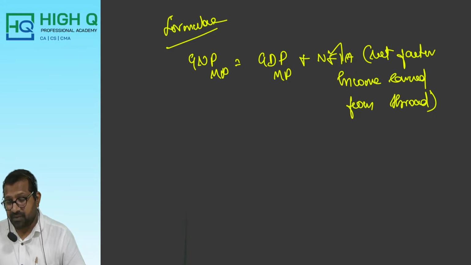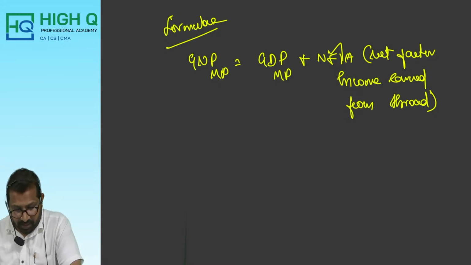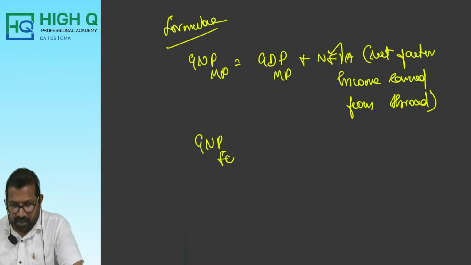In the same way, a citizen of our country who went to another country and earned some money, can that amount be included as part of our country's national income? Yes, it is called net factor income earned from abroad.